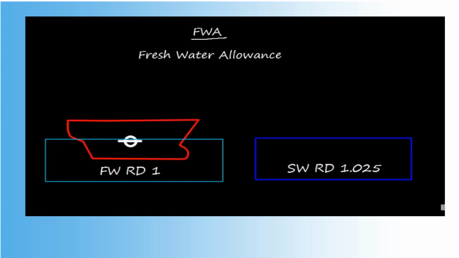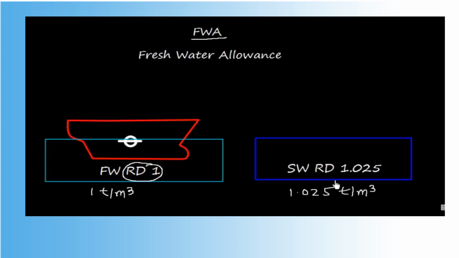Now let us discuss the densities also. The freshwater relative density is 1, which simply means that the density of freshwater is 1 ton per cubic meter. Similarly, the relative density of salt water is 1.025, which means the density of salt water is 1.025 tons per cubic meter.